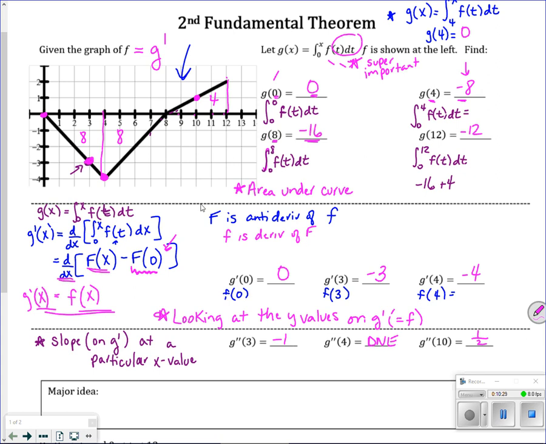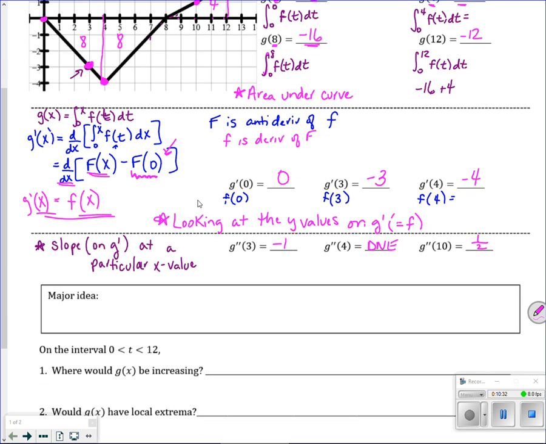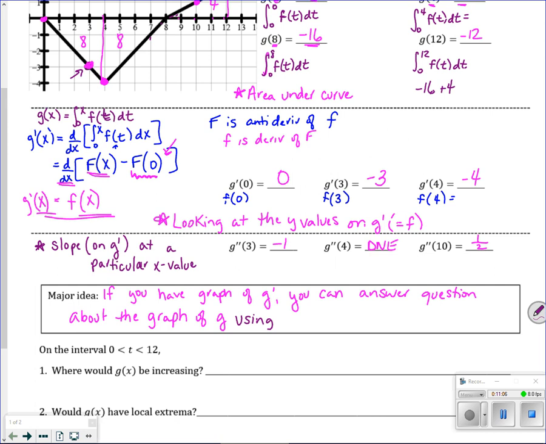And then if you have the graph of g prime, then you can answer questions about the graph of g via, oh golly, using curve sketching.